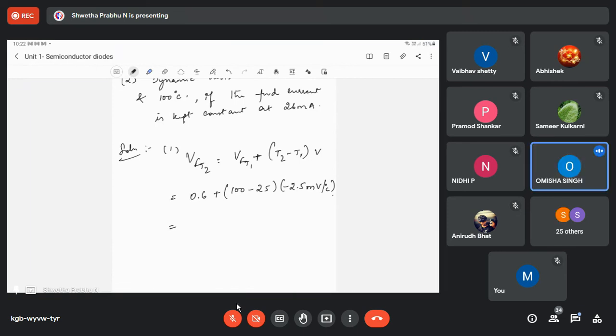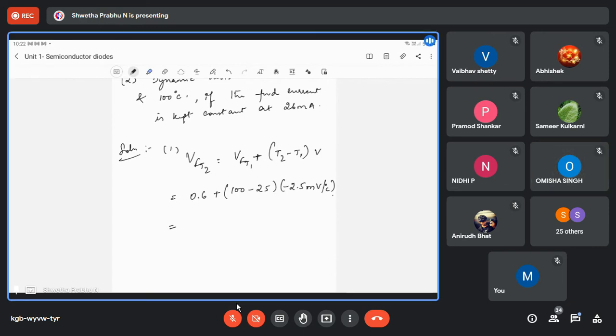Ma'am, when they say forward voltage drop, how do we know whether it's VFT2 or VFT1? No, they have given at 25 degrees Celsius. At a temperature, they will mention the respective temperature. With respect to that particular temperature, that is the forward voltage.